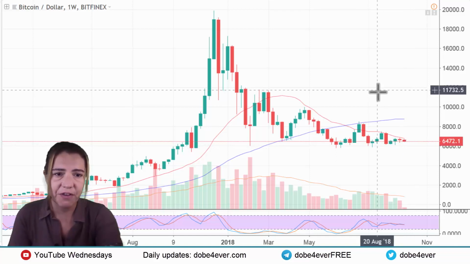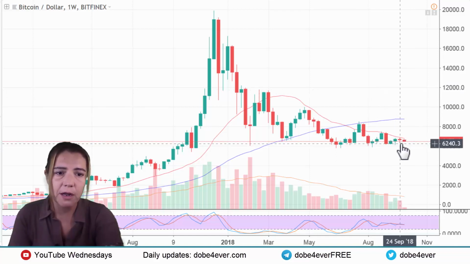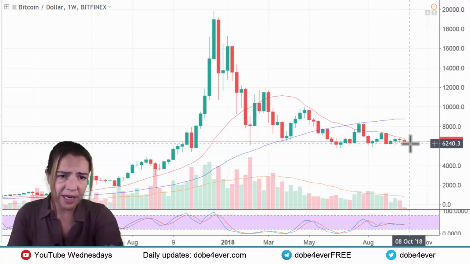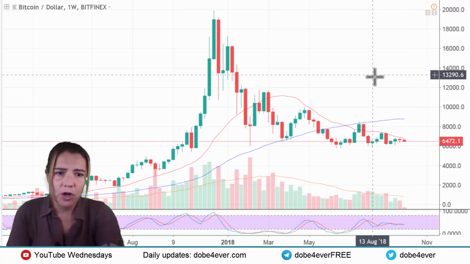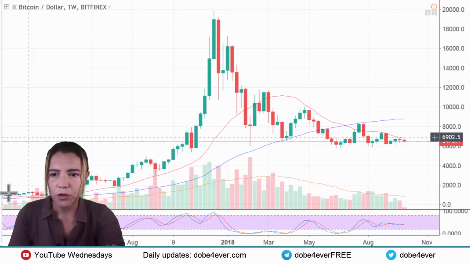That's why the price is kind of undecided here, and it's just hard to tell. We're going to have to wait and see which of these two major moving averages is going to be stronger and push the price one direction or the other.